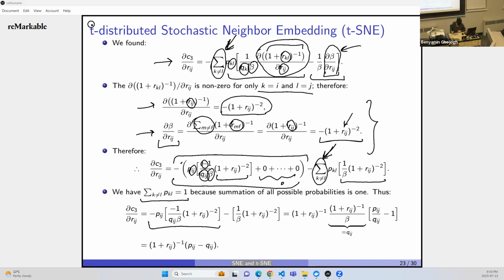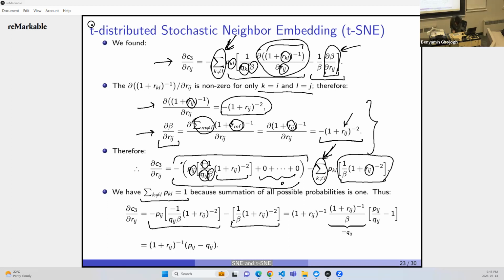Can I bring this out of the summation? Of course I can. This is Rij, not RKL. The summation is over K and L, so I can bring it out of the summation. Therefore, I have the summation of PKL only, and that is 1. So it becomes this.